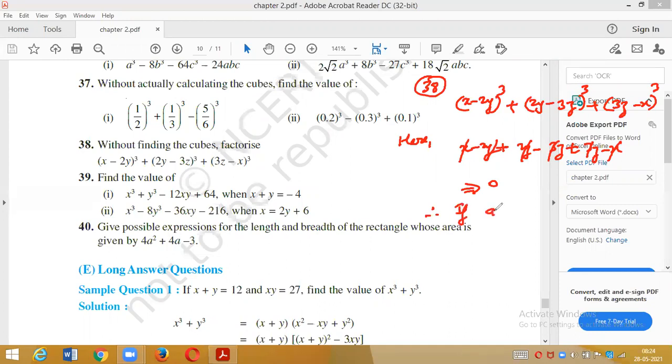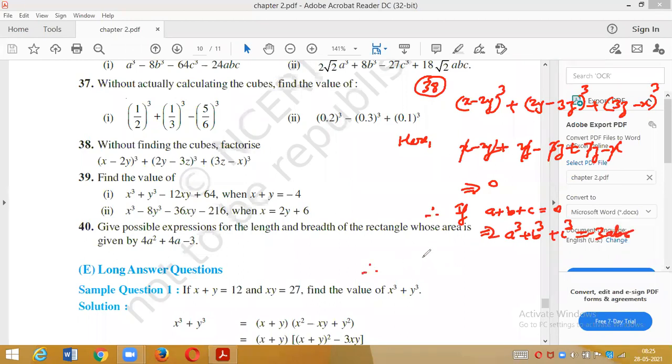If a plus b plus c is 0, then a cube plus b cube plus c cube is nothing but 3abc.